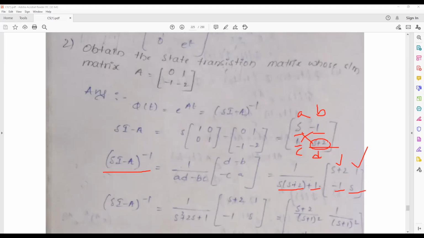In AD minus BC we get s square plus 2s plus 1. It is in the form of (s plus 1) whole square, using the (a plus b) whole square formula. So s square plus 2s plus 1 is (s plus 1) whole square.